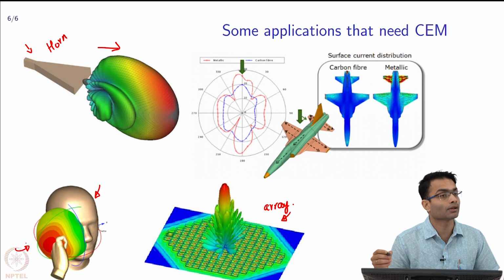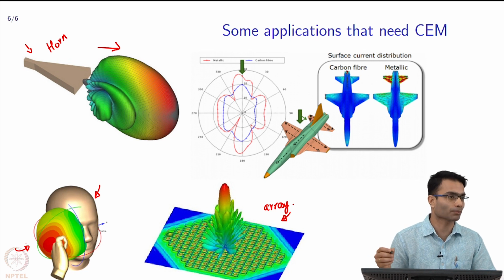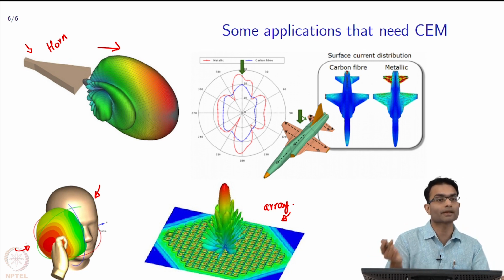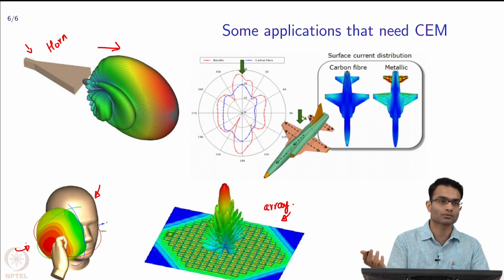And then there are a large amount of military applications. So when computational EM started in the 60s, one of the major driving forces were military applications, that you want to make a stealth aircraft. It should not be detectable by radar. Now okay, that is the goal, but how do I make sure that it is not detectable? I simulate and show that the radar cross section is less or more.